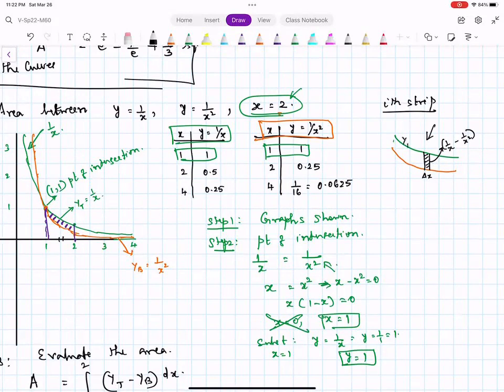The top one is the 1 over x graph, and the bottom one is 1 over x squared. So the difference would be the height of the rectangle. Delta x is the width of the rectangle.